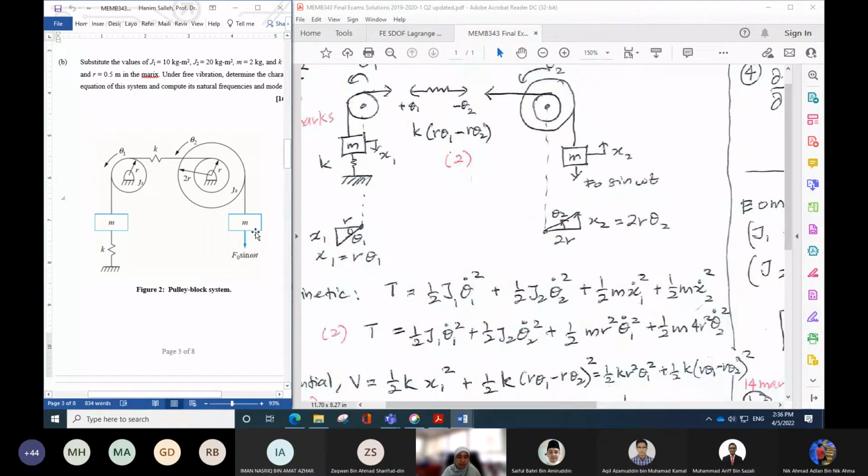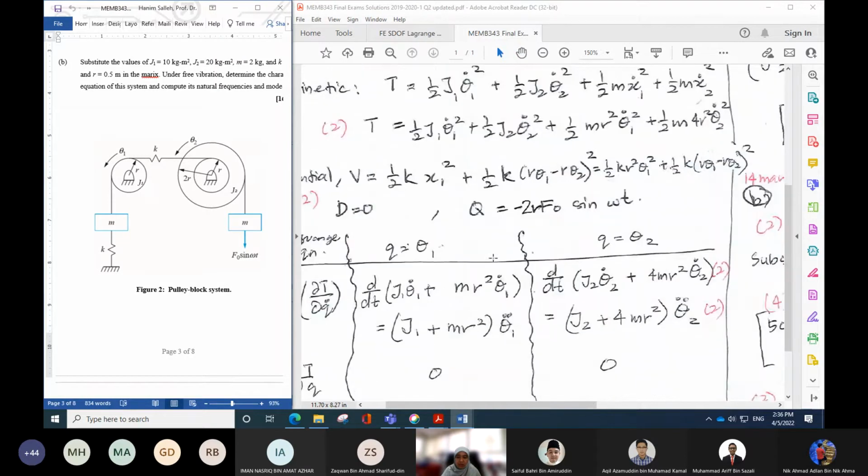In this case, your F naught, you have to multiply by the distance, which is 2r. So it's not just F naught sine omega t. If you are doing a linear system all in x, then you put F naught sine omega t. But now you put everything in terms of theta, so you have to put it in terms of moment.